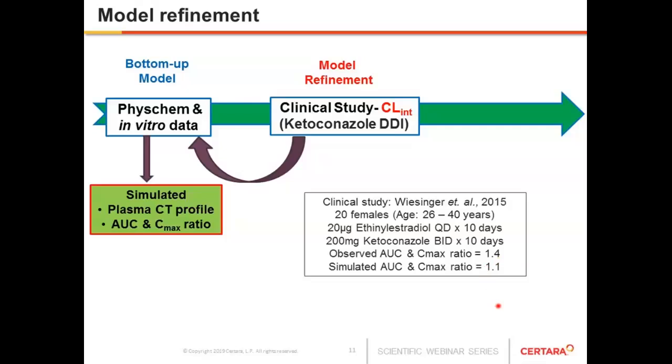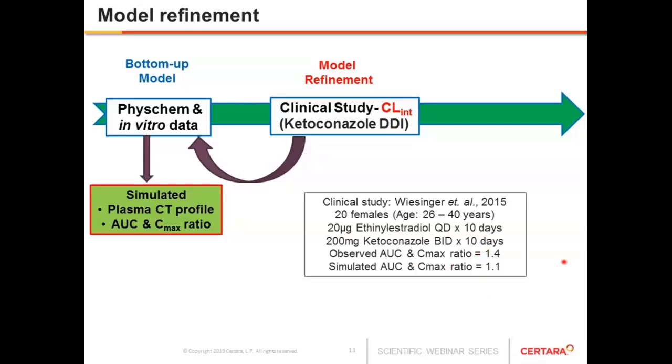So we needed to do a refinement of that FM, and in order to do that, we needed to refine the clearance for that particular pathway. Using this data, we refined the clearance for CYP3A4 by increasing it to a value that would give us a predicted ratio of about 1.44.